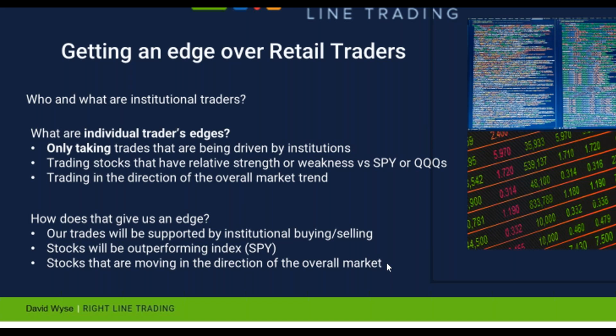I mean, the market's very bullish right now on the daily chart, so most of the trades are going to be lined up bullishly. But on choppy days, you can take intraday shorts and plan on being out by the end of the day if the stock lines up that way. Okay, so that's how we get an edge over retail traders. And again, this is very important because this is how we make money, by beating other retail traders.